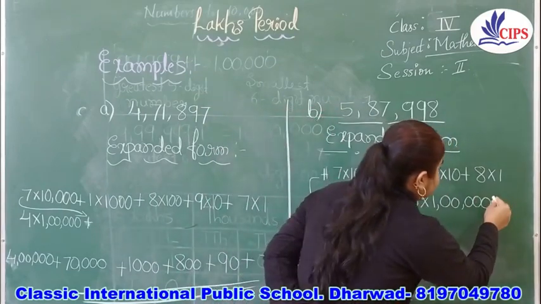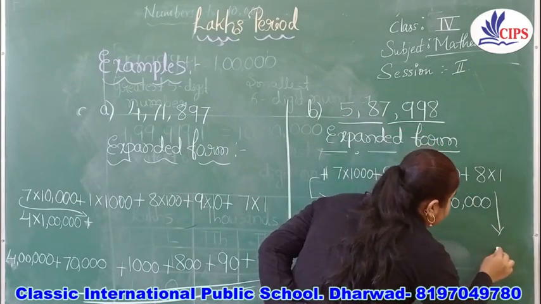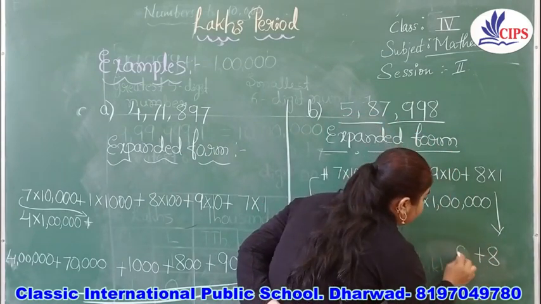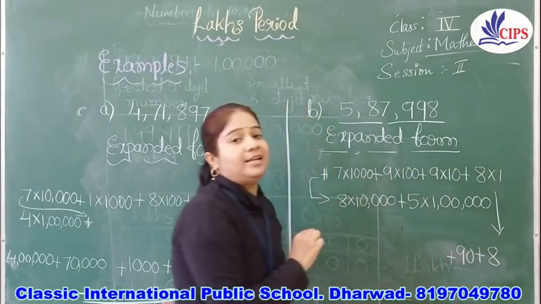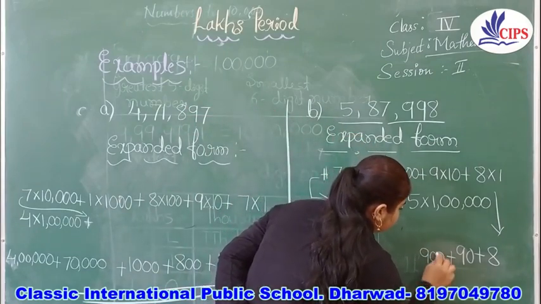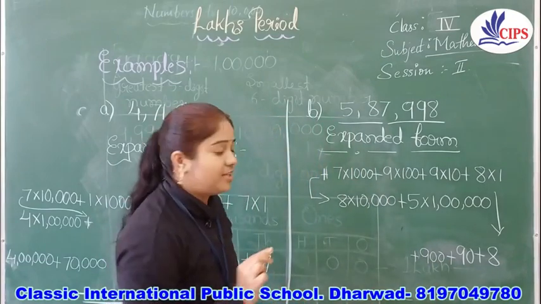We'll write this. 8 into 1, 8, right? Plus 9 into 10, 90. Plus 9 into 100, 900. Plus 7 into 1000, 7000.